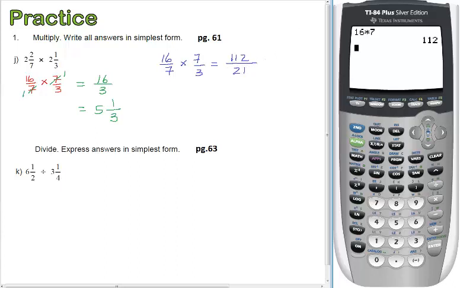However, then you'll have to go back and reduce it. And what is the common number you're going to reduce by? It is 7. So this way you're doing an extra step that's really not needed. So you do 112 divided by 7, which is 16, and 21 divided by 7, which is 3, giving you the same answer, 16/3, which you change to 5 1/3.